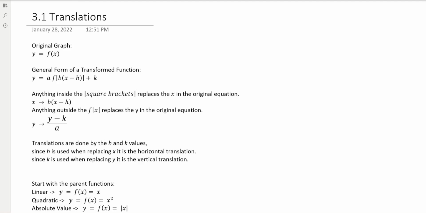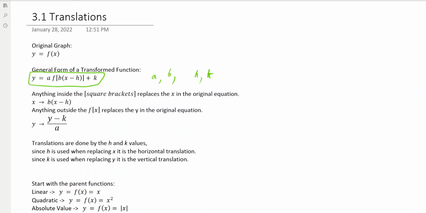So the general form of a transformed function looks like this. We have y equals a, which is a constant. All of these letters here, a, b, h, and k, are just constants that are doing the transformations themselves. So these are the transformations.